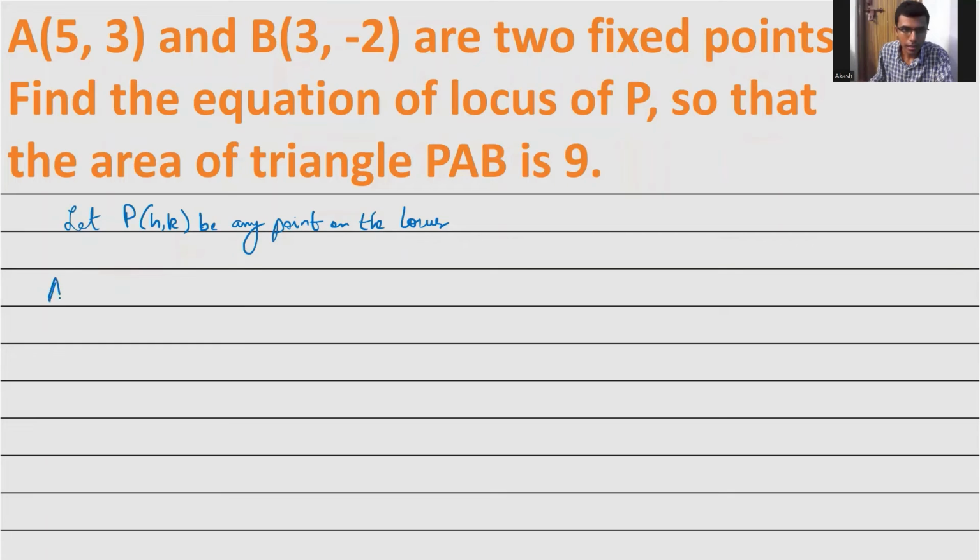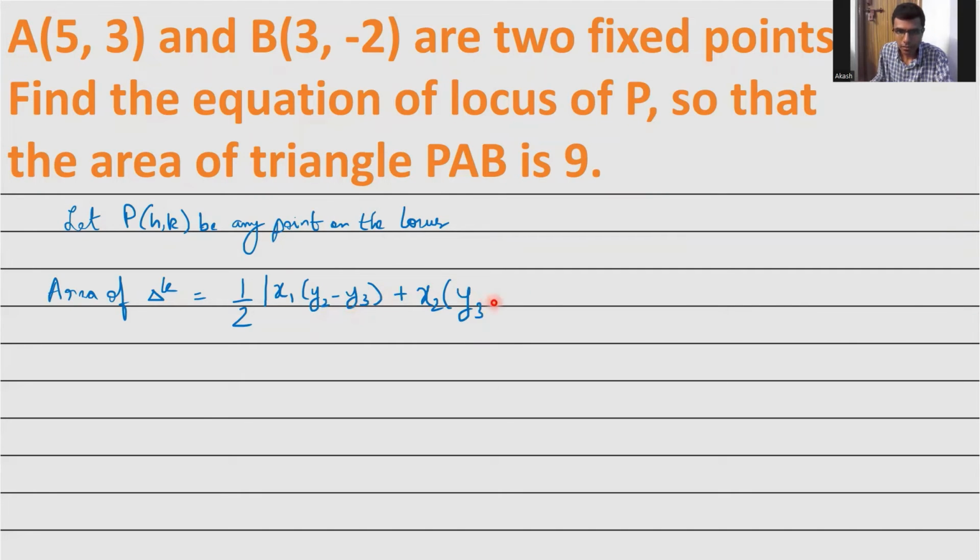Area of triangle is equal to half into mod x1 into (y2 minus y3). It's easy to remember. After 1, what will come? 2. So here you would get x2. This is cyclic, okay? And after y2, what will come? y3.